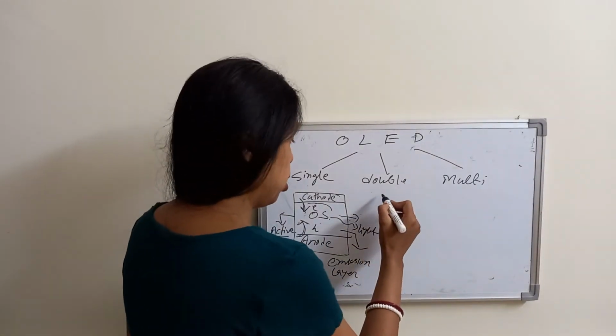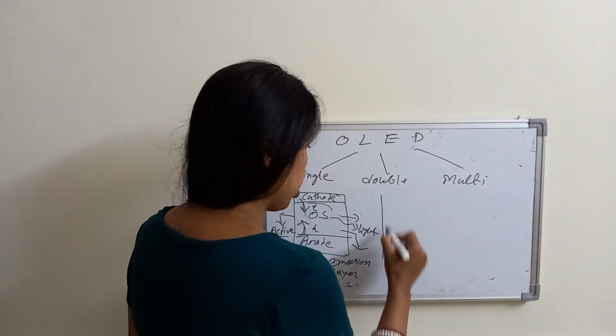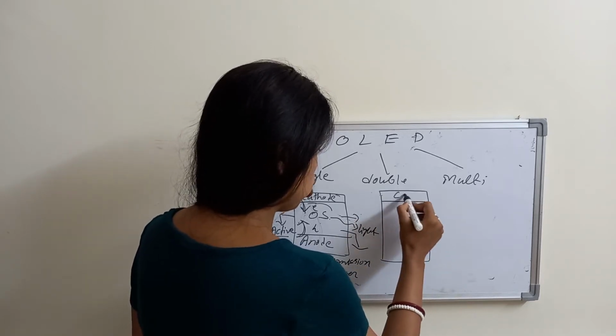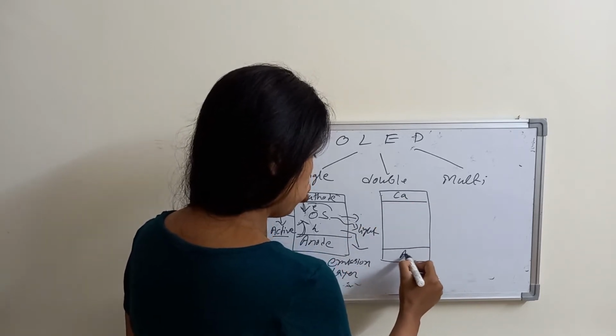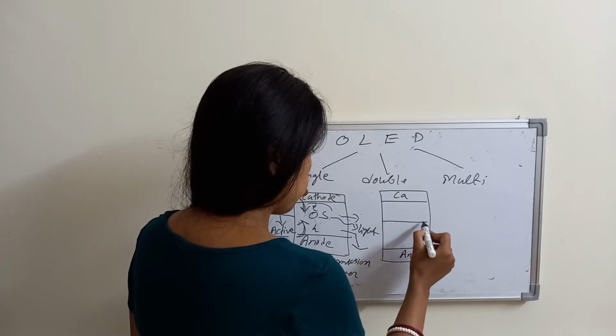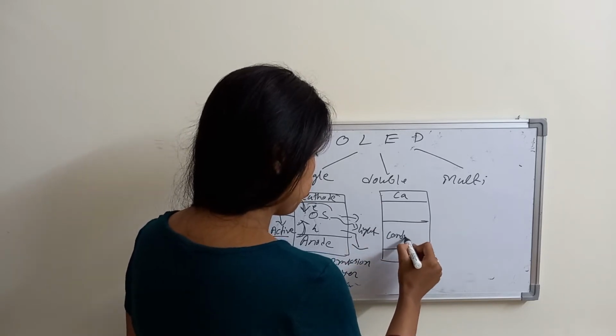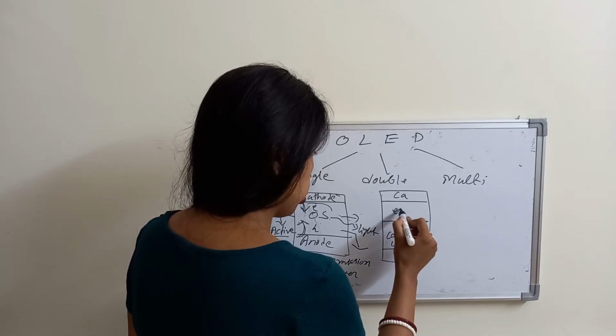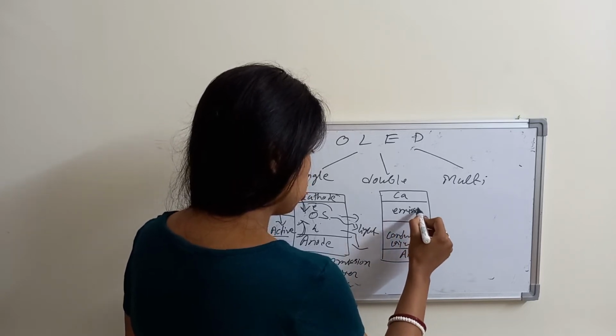Now the double layer. In case of the double layer, I am representing cathode and anode, and one is the conducting layer and the other is the emission layer.